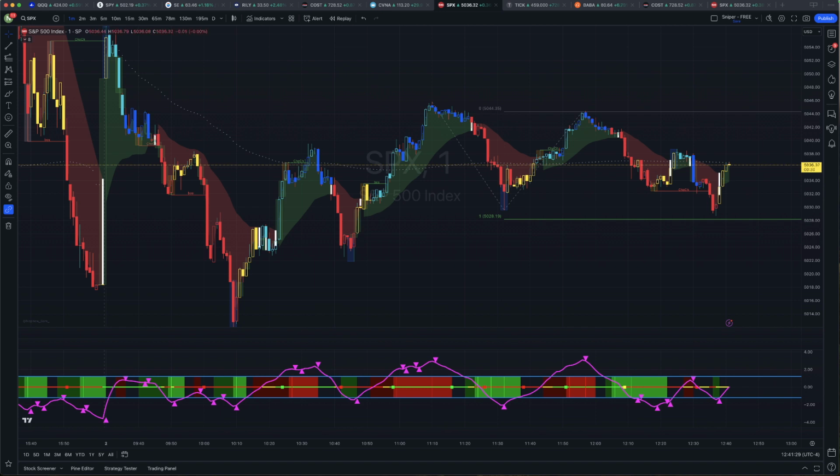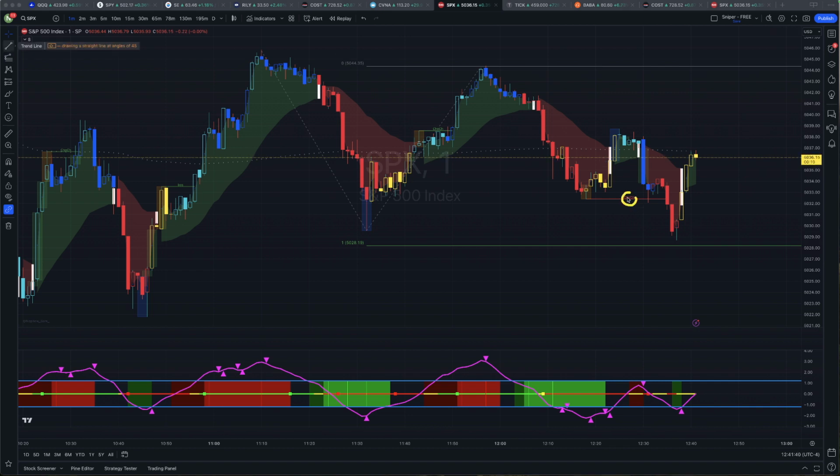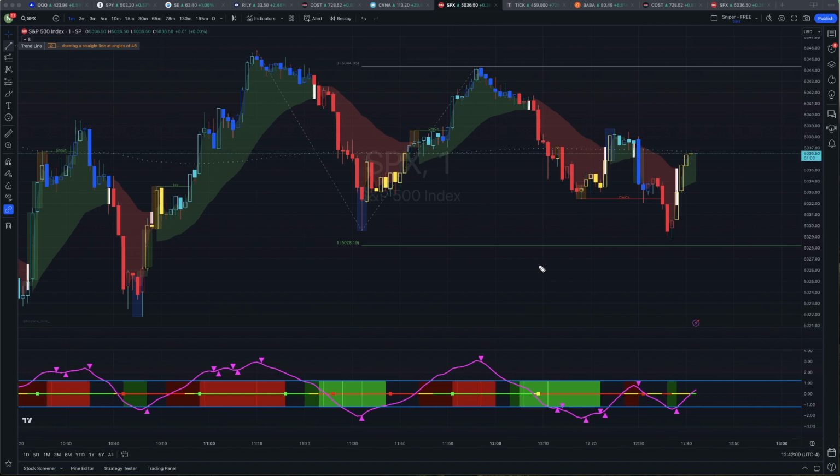Yeah, Lizzie says she's been doing it without the paid indicator. So, break of structure and change of character is what these mean. This is a character, right? It breaks. So that tells you that you're getting a change of character. Here's a break of structure. It just helps you realize, if you don't chart read all that well, that you're coming out of a pattern basically.